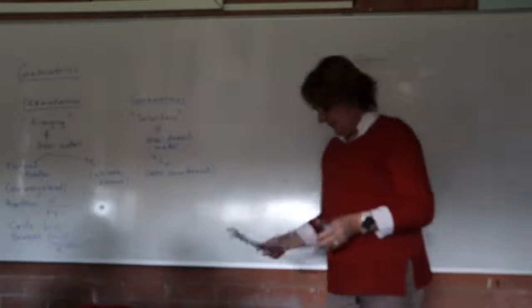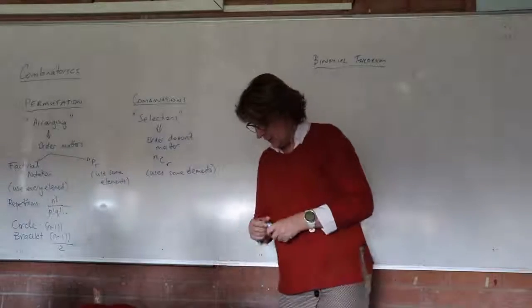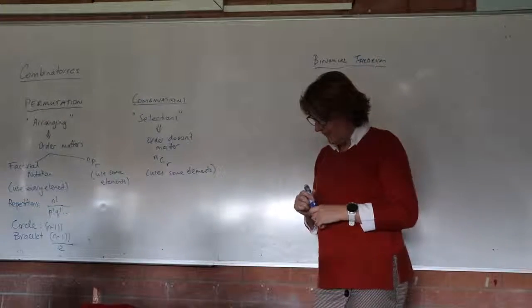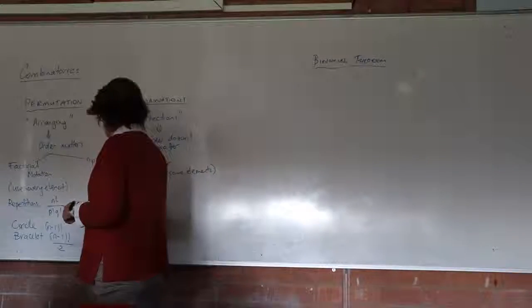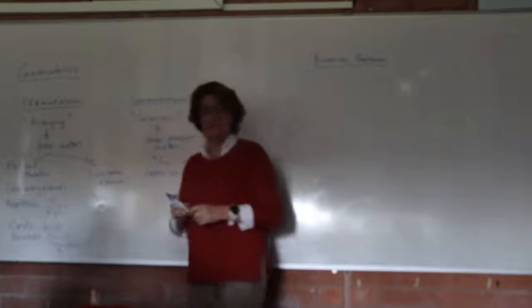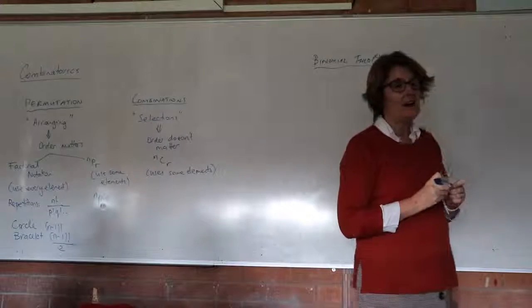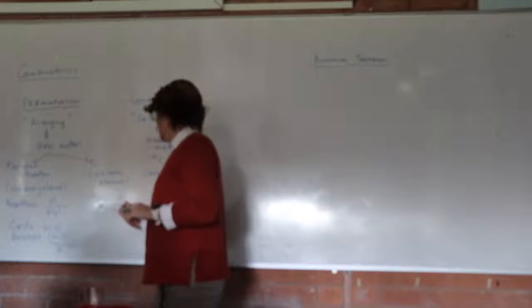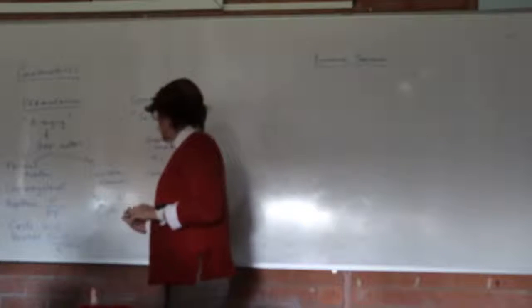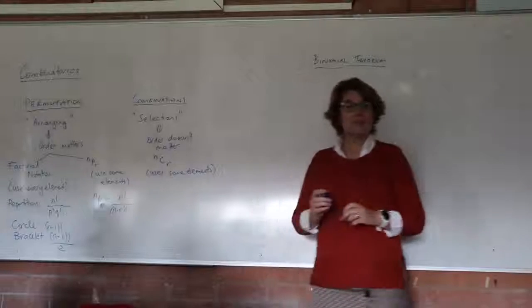Okay, so what is the factorial way of writing nPr? It starts with n factorial over n minus r factorial. Now, does this also have the r factorial in the denominator or not? No, that's combination.